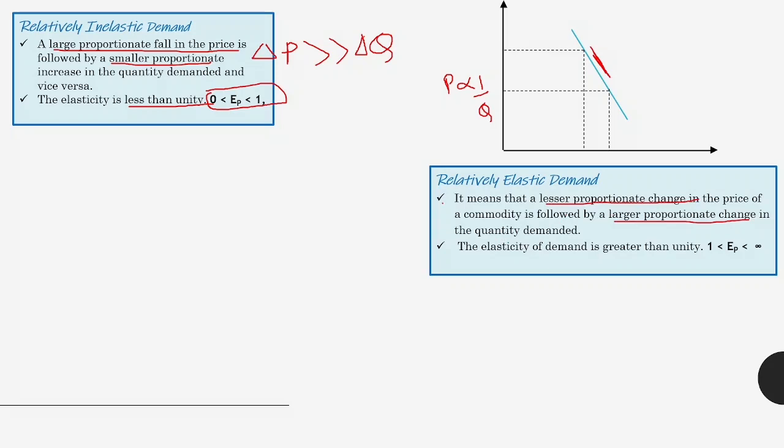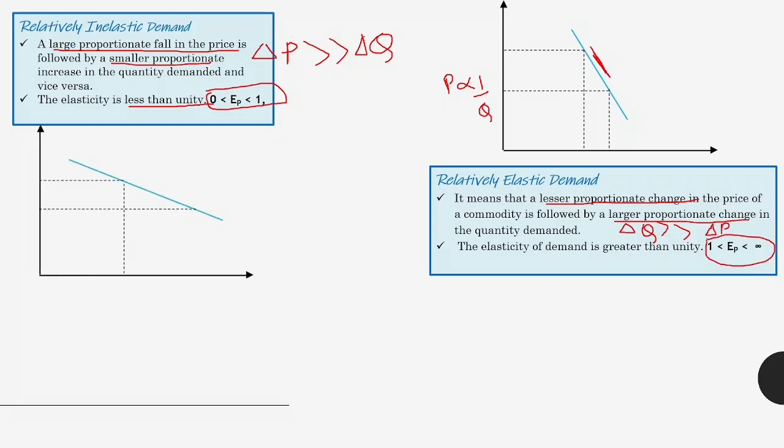So there is little change in price but greater change in quantity demanded. Its range is greater than 1 but less than infinity. Graphically, the demand curve is decreasing, but it is somewhat less steep than relatively inelastic demand.